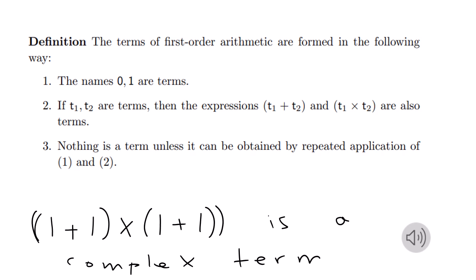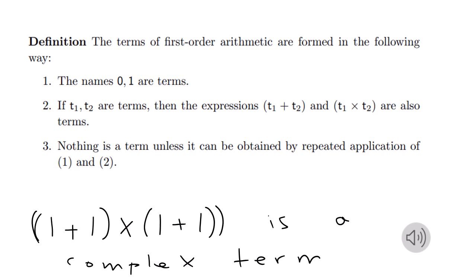Notice that we couldn't use the numeral 4 here in this particular system because it wouldn't even be a symbol in our system. However, this is a complex term in our system that does refer to 4, and there are many others that refer to 4 as well. But I wanted to talk through that process here because in the textbook there's an exercise where it asks you to trace out which rules were used to construct some of those terms.